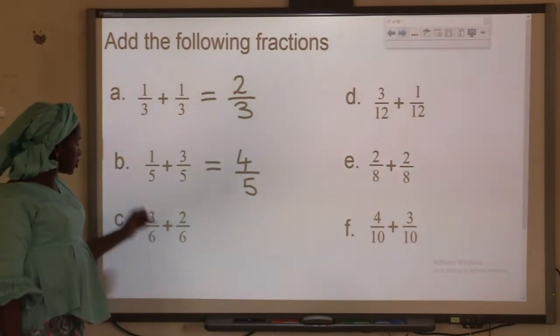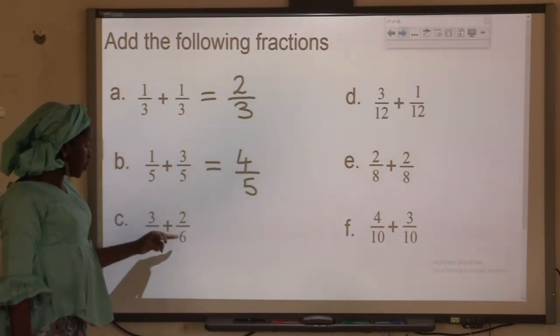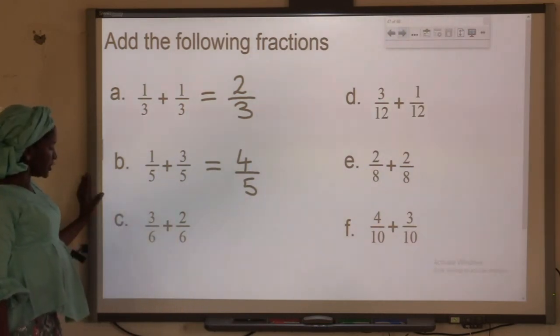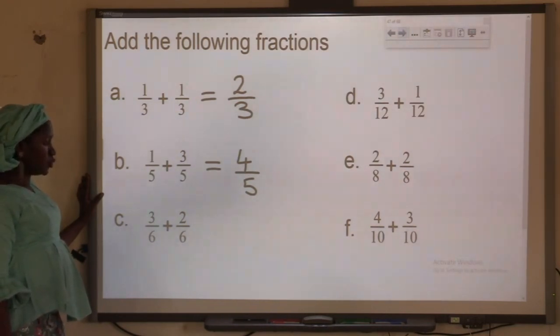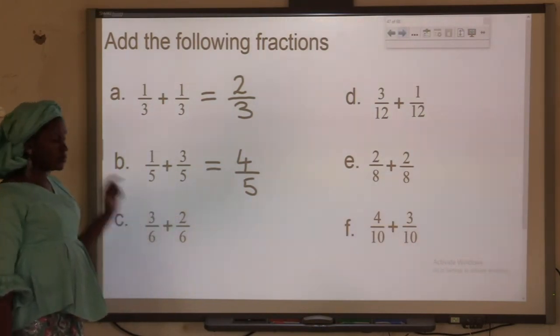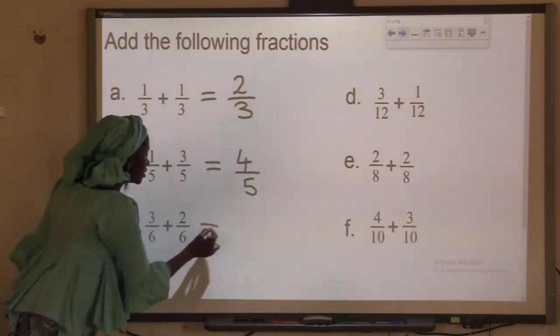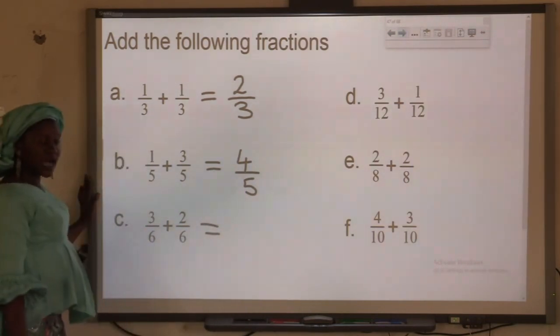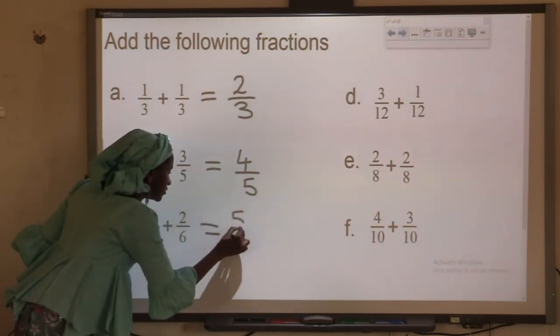Question C, 3/6 plus 2/6. Again, the same denominator, we are going to add the numerators. 3 plus 2. 3 plus 2 is how much? 5.